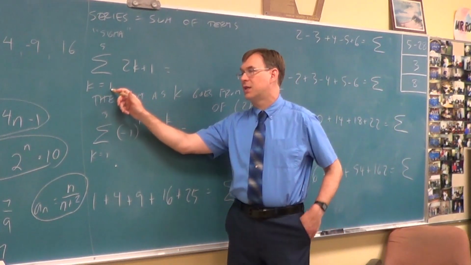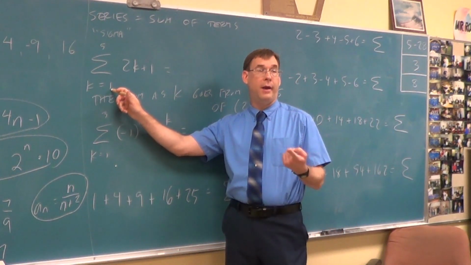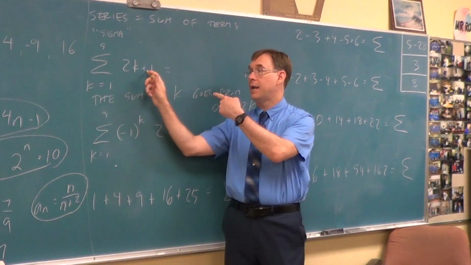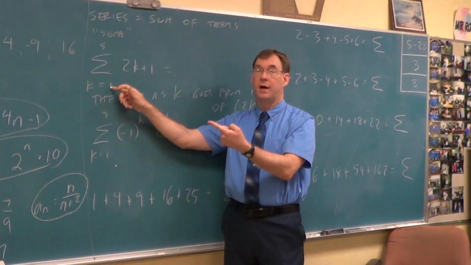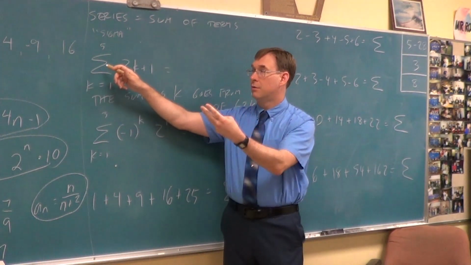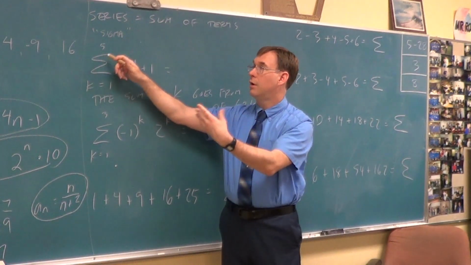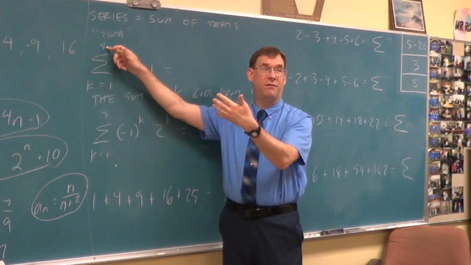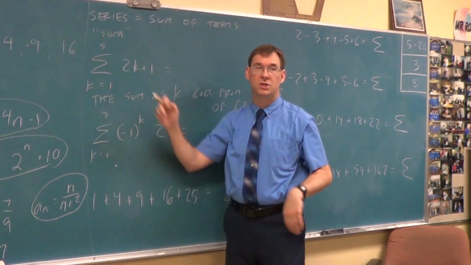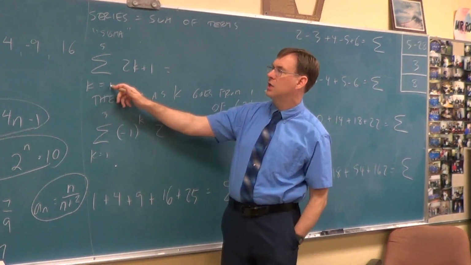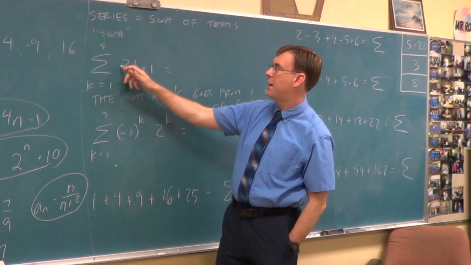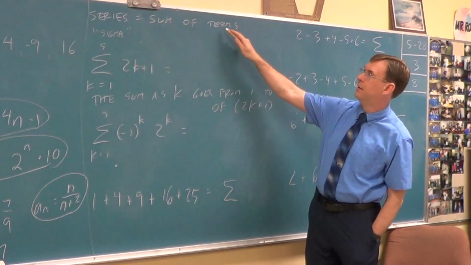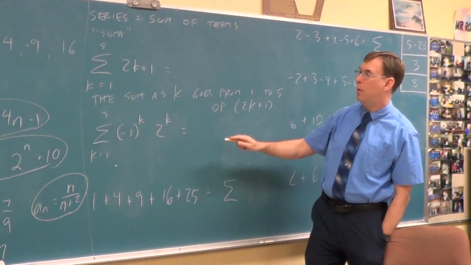What this is expecting you to do is take the 1 and just plug it in. And after you plug in 1, plug in 2, 3, 4, 5, and after you plug in 5, stop. Just get out. So this is expecting you to plug in 1, 2, 3, 4, 5 into that formula and just write it as a big adding problem.